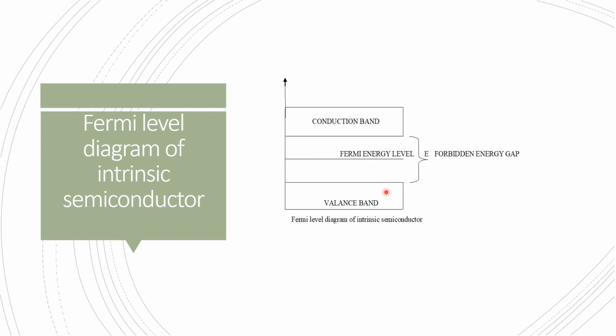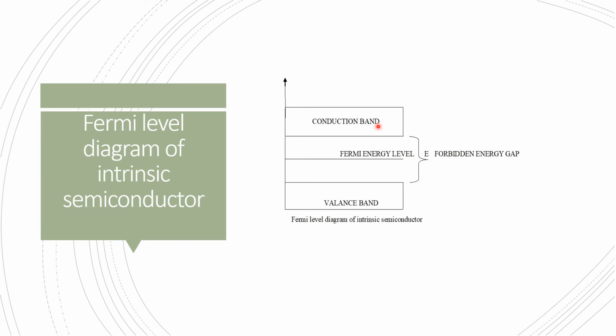Here we can observe this is the valence band, this is the conduction band, and the Fermi energy level is lying in between the two, or we can say it is in the center of the two.